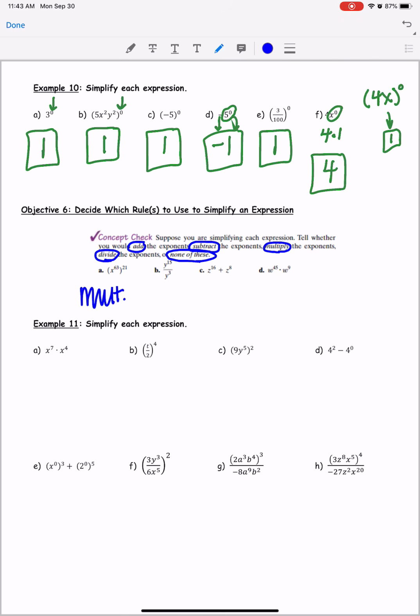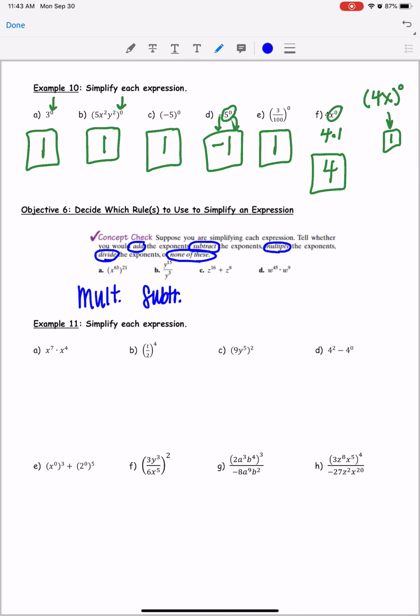Okay, we're just multiplying on A. That looks so sloppy, doesn't it? I'm sorry, guys. Okay, multiply. On B, y to the 15th over y cubed. Well, they have the same base, so we're using our quotient rule. Our quotient rule told us to subtract. Okay, so you're subtracting on B.